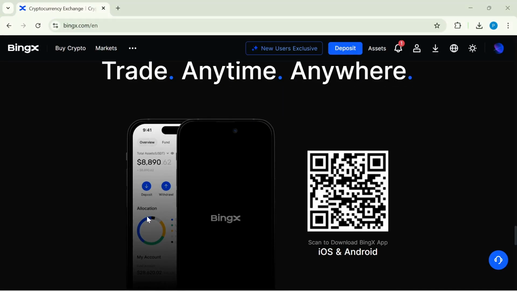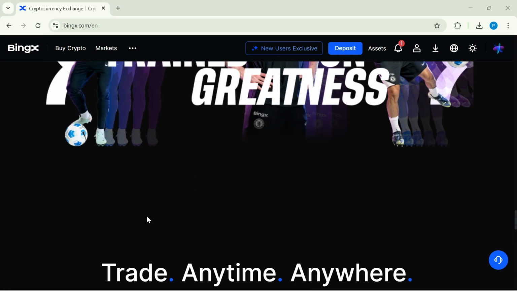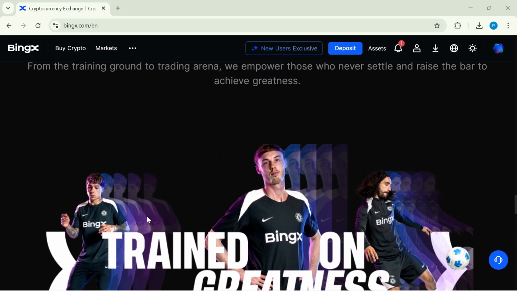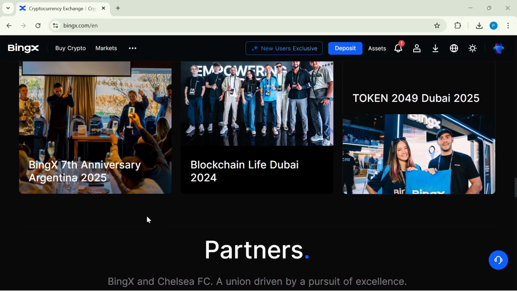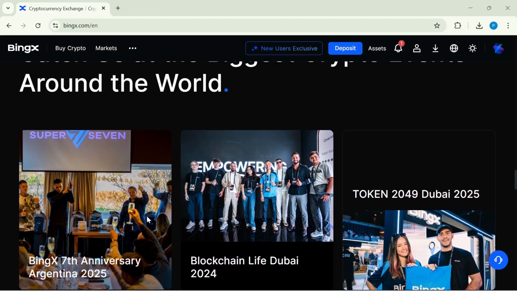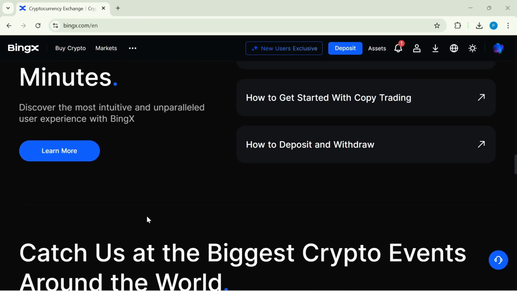BingX remains relevant in 2025 because it threads a needle many exchanges miss. It's approachable without being shallow, and it stays responsive without overcomplicating the experience. Its strengths are clear, fast, intuitive navigation, dependable data on core markets, excellent built-in charting, and a mobile app you can trust.